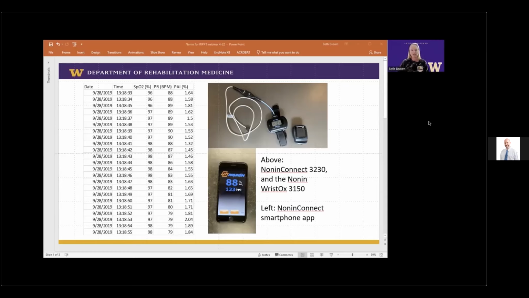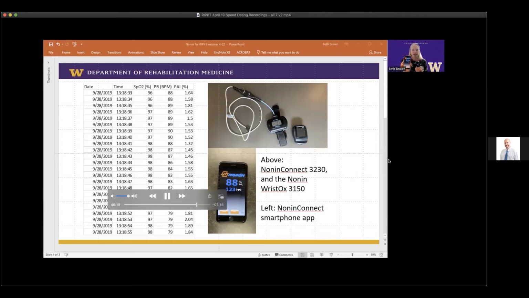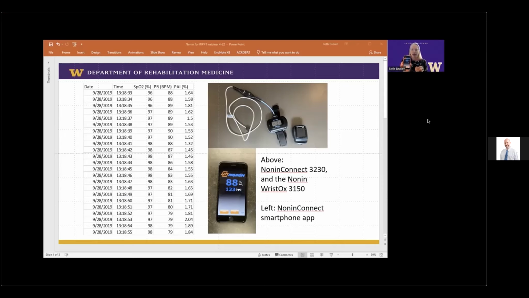They're wireless and they communicate directly via Bluetooth to interface with an inexpensive and pretty user-friendly smartphone application, which I'll show you on my smartphone here. The Nonin Connect, which is the name of the app. And that's a free app that you can put onto your smartphone or the patient's smartphone, the subject's smartphone.